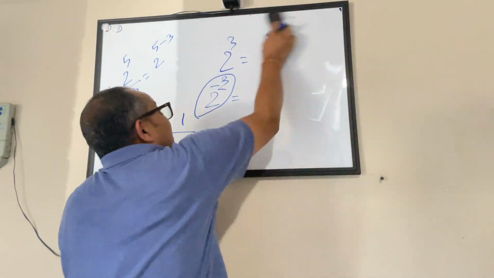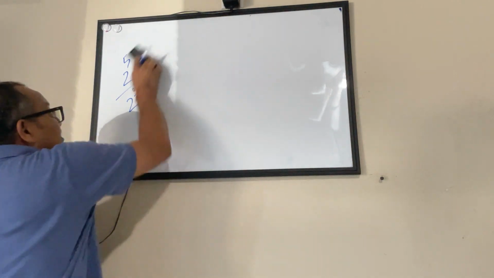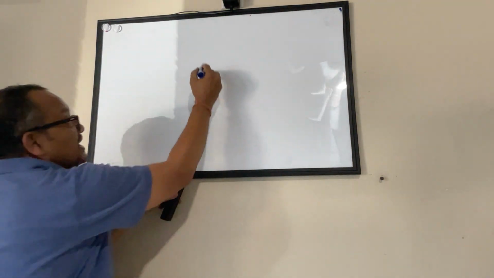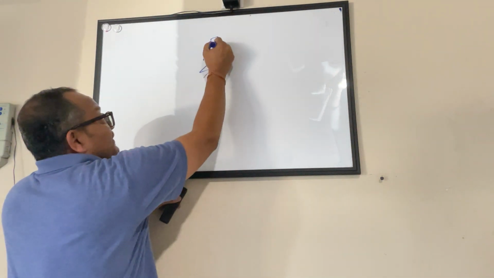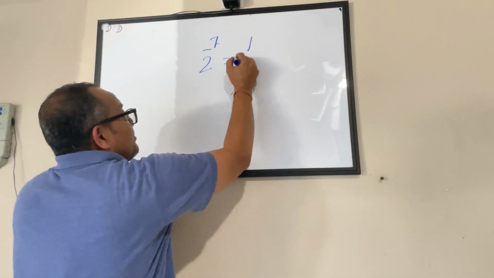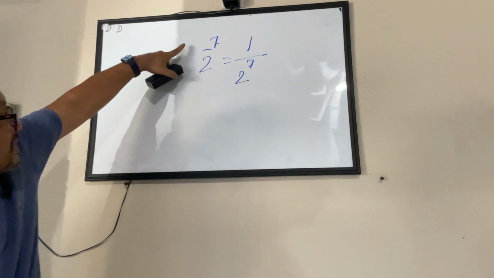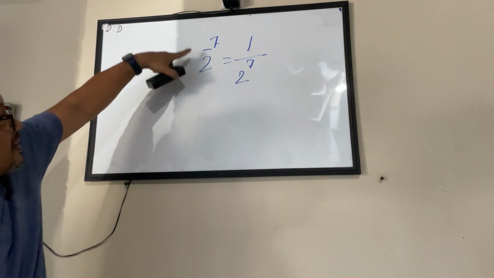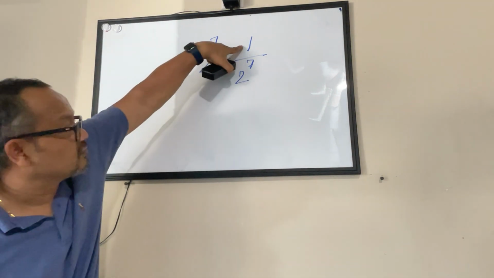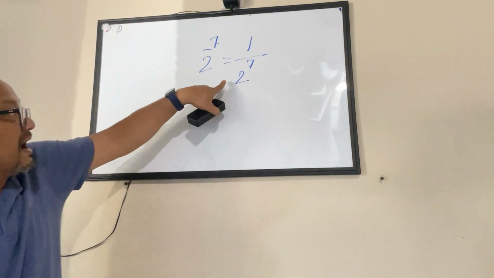Okay? Now let's play with this. If I have 2 to the power minus 7, I can write this as 1 by 2 to the power 7. The same thing: 2 to the power minus 7 equals 2 to the power 0 minus 7. Here this 1 is nothing but 2 to the power 0, and this is 2 to the power 7.